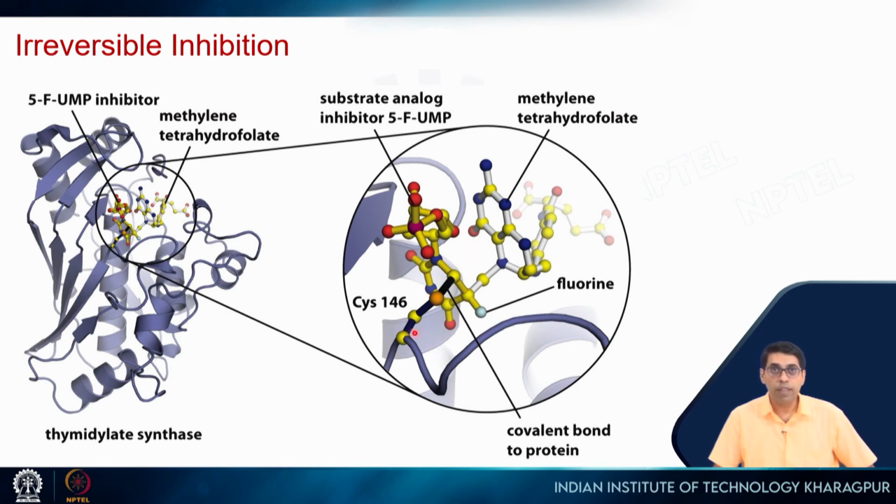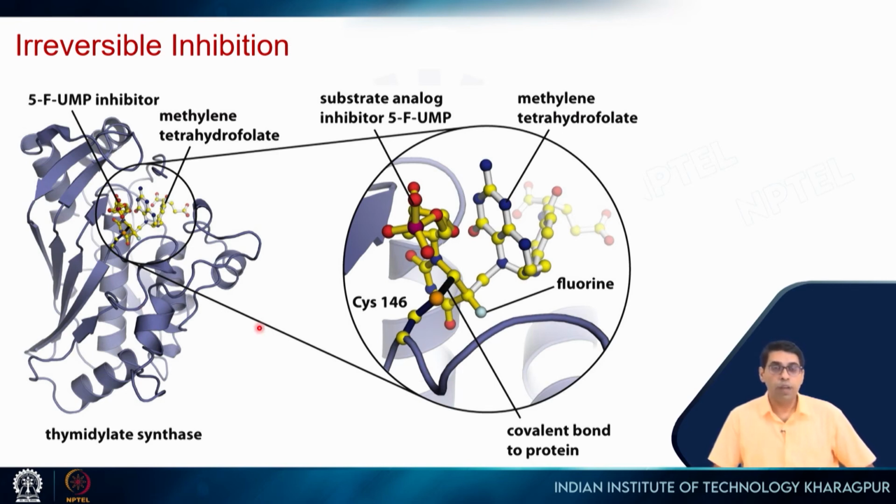And you can see that it is forming a covalent bond with this cysteine 146, right. Once this is forming a covalent bond, it is bound to this, it is also bound to this cofactor, and these two will permanently remain in the active site of the protein. So, this enzyme molecule is, for all practical purposes, inactivated, right.